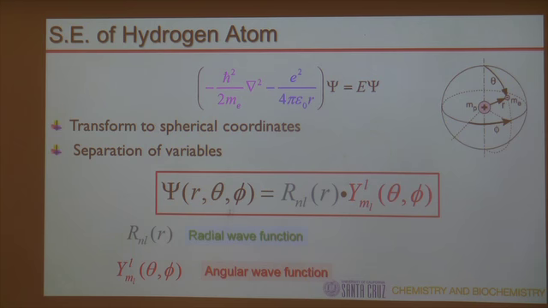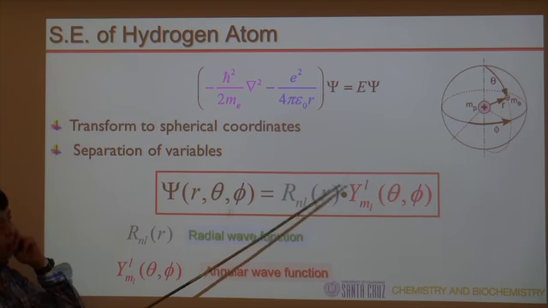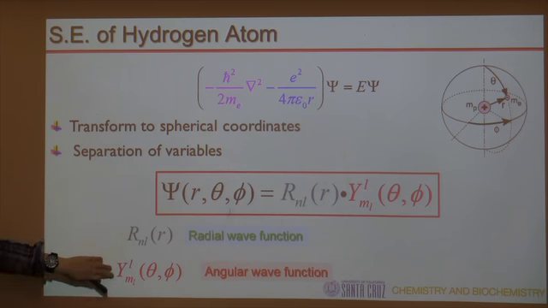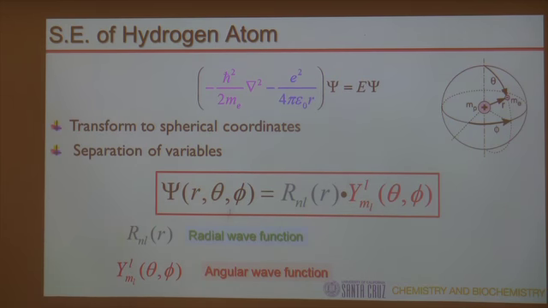Do you still remember the definition of r, theta, and phi in spherical coordinates? First, r is talking about the radial things. It's like the radius of the shell. Theta and phi are talking about the angles. That's why this is called the radial wave function, and this is called the angular wave function.